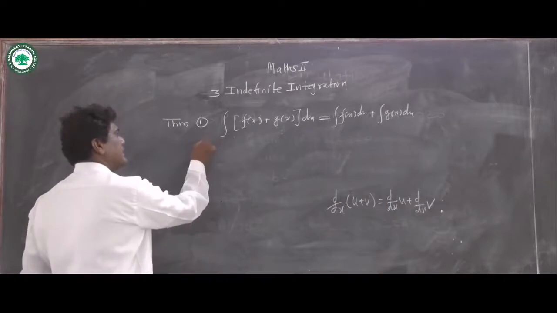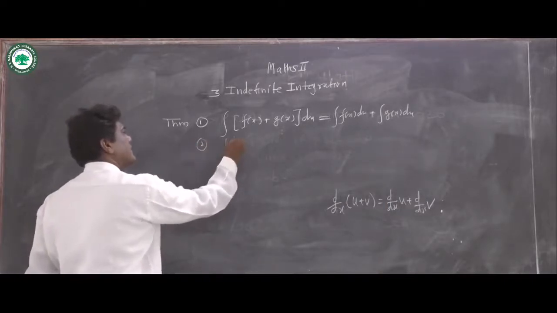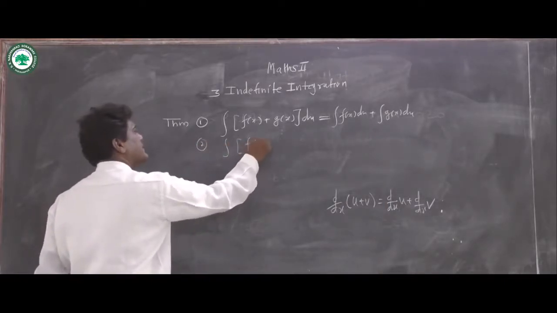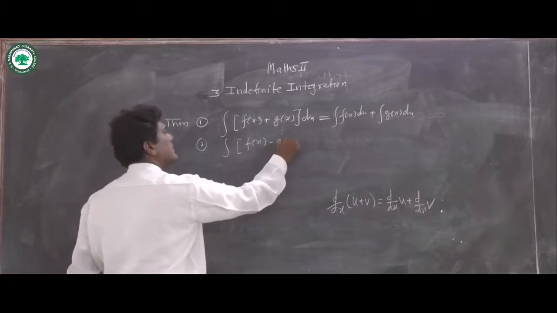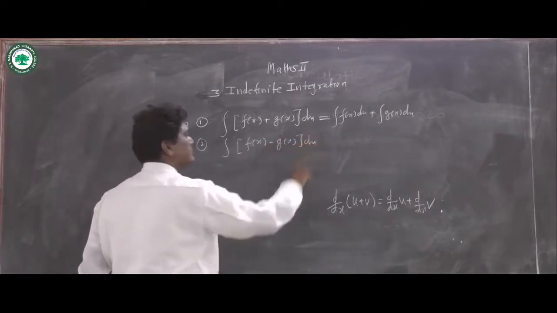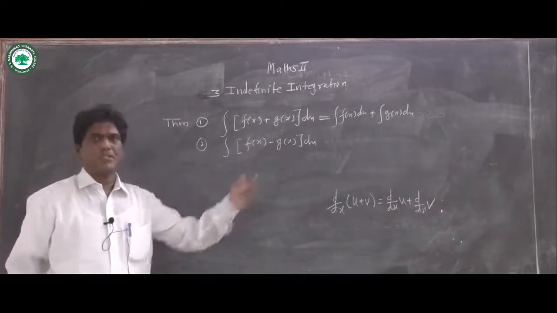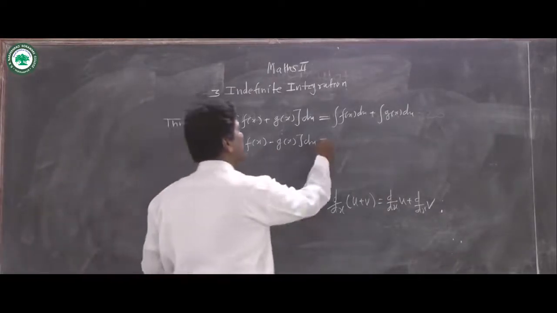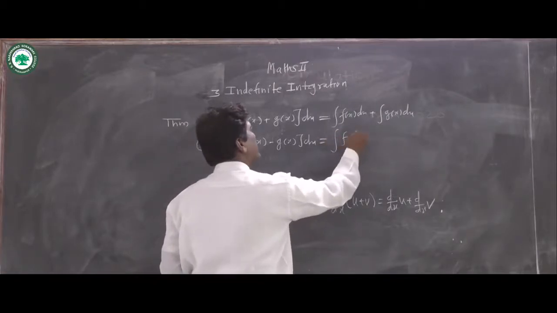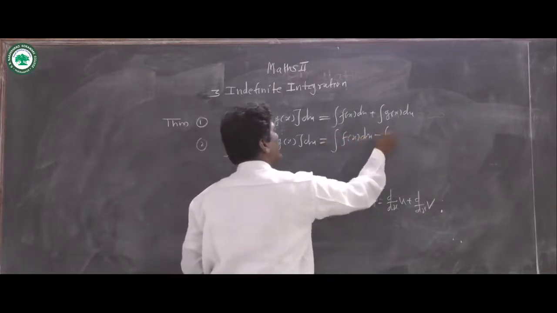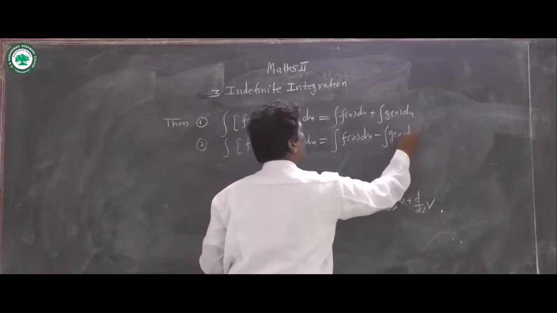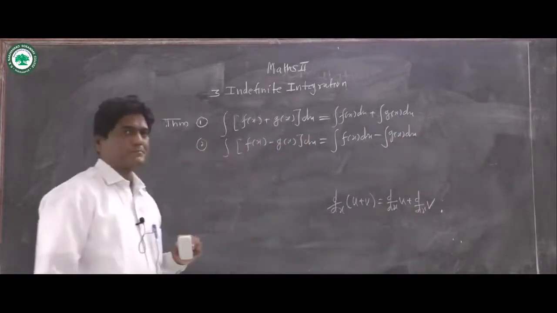Now the second theorem: the integration of f of x minus g of x dx is equal to the integration of f of x dx minus the integration of g of x dx.